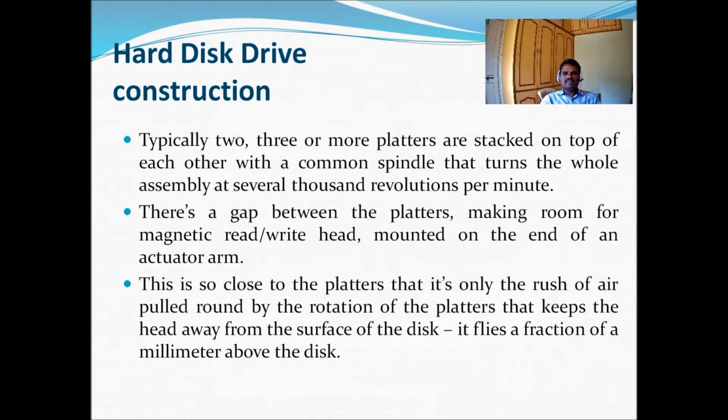Those platters share a common spindle motor which turns the whole assembly, so the 2 platters or 3 platters or more are revolved along with this spindle motor. This speed is nearly 1000 revolutions per second.